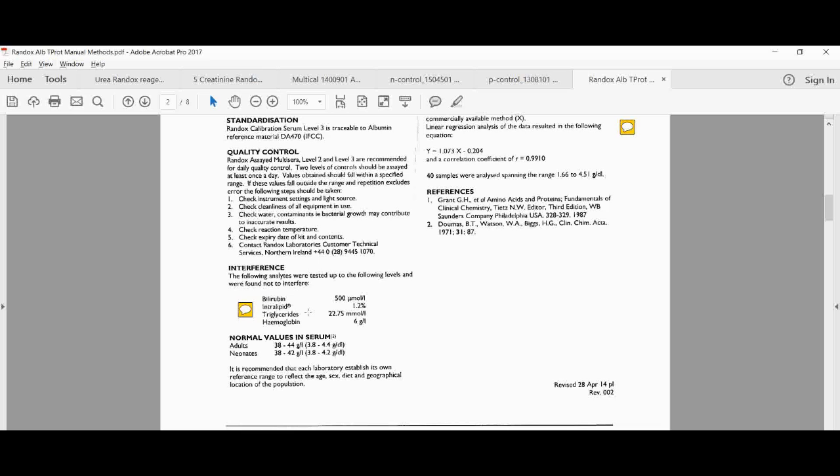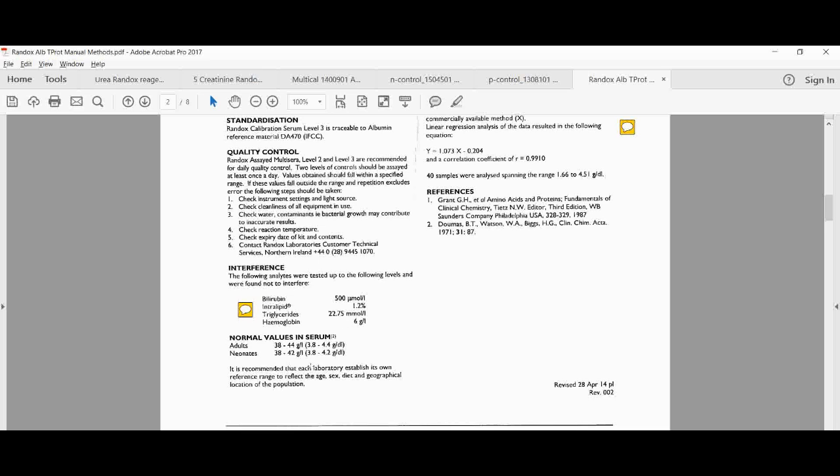Triglycerides give a fatty substance, so it gives a very turbid appearance to the sample. So you would think that it would interfere with the absorbance of the sample, but this manufacturer is saying that even if the patient had a high concentration of 22.75, it wouldn't interfere with the absorbance with this method. And hemoglobin 6.6 grams per liter.